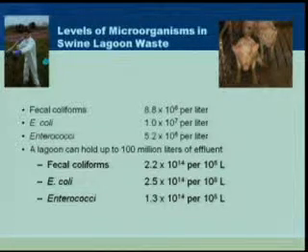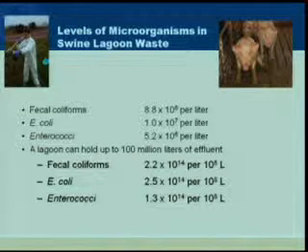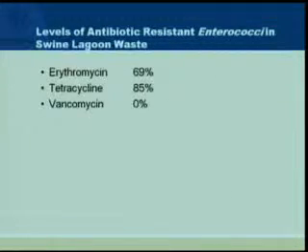But what we did is we investigated the antibiotic resistance of those microorganisms, because animals are fed subtherapeutic levels of antibiotics for growth promotion, not for the health of the animal. And when you give an animal a subtherapeutic level of an antibiotic, it can generate resistance of the bacteria in there. And we found that these bacteria, in this case the enterococci, 69% were resistant to erythromycin, 85% to tetracycline, but none were resistant to vancomycin.